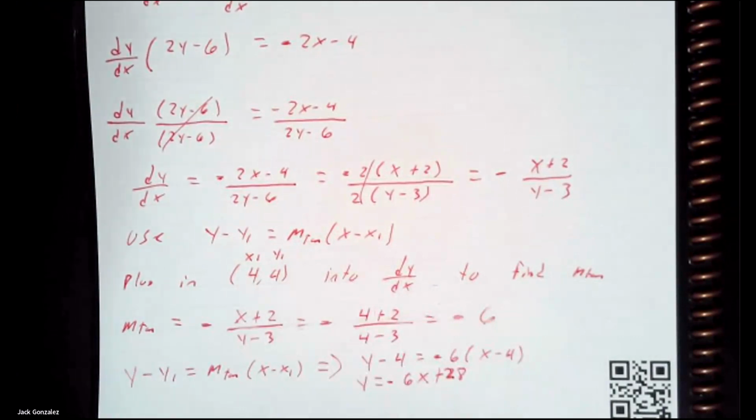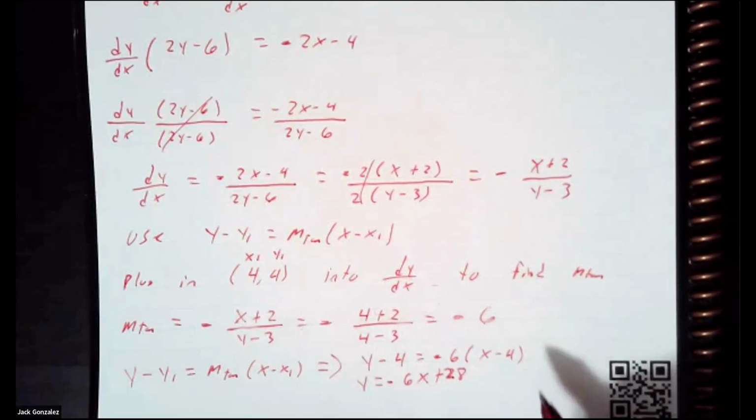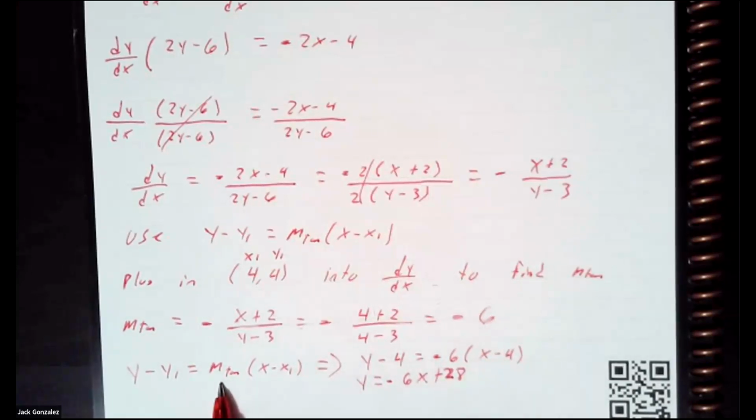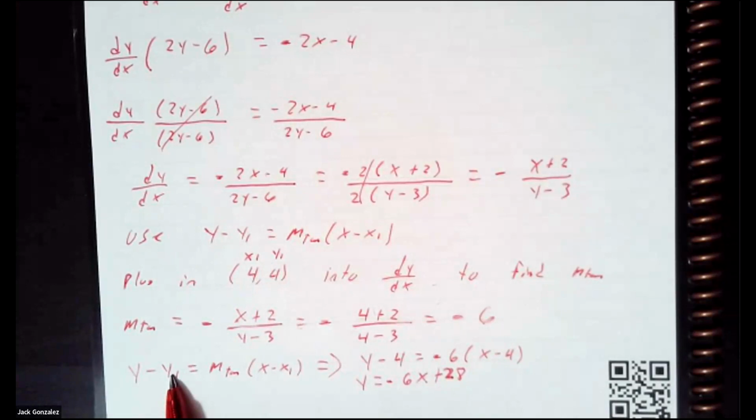So for negative 6 times x minus 4, how did we get that? Okay, so this is the slope, right? The formula says put the slope here, x minus x1, which is the point, minus 4, y minus y1, which is 4.